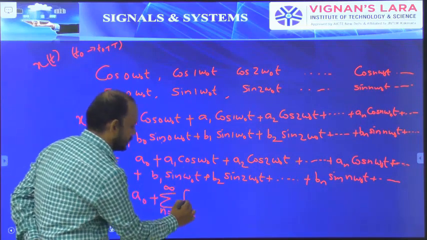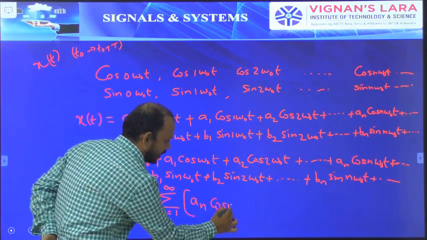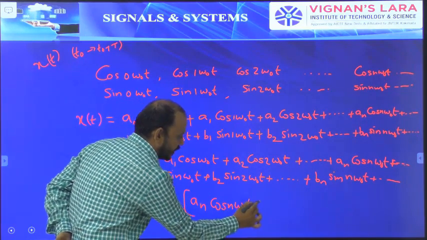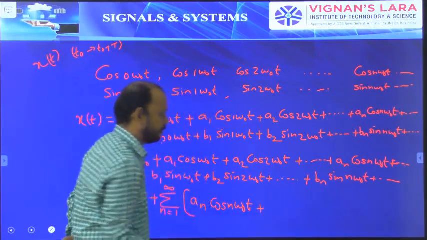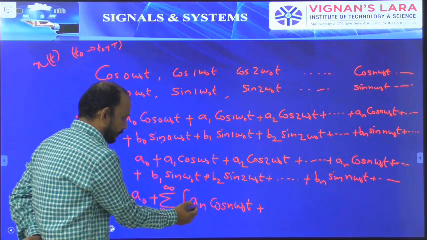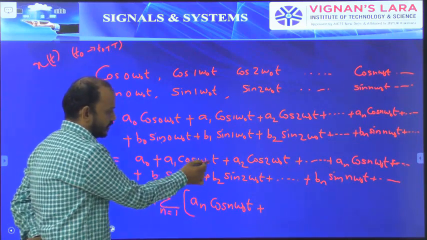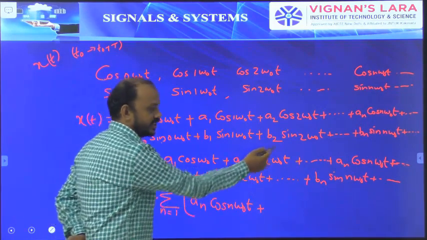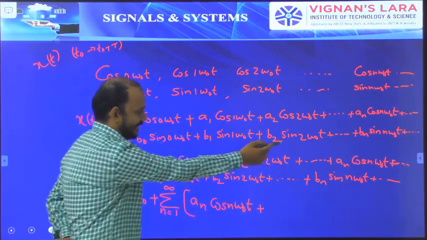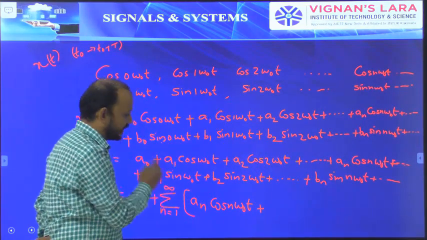So here the terms are an cos n omega naught t, plus bn sin n omega naught t. If you write an cos n omega naught t, what will you get? First n equal to 1, a1 cos 1 omega naught t, n equal to 2, a2 cos 2 omega naught t, n equal to 3, a3 cos 3 omega naught t, n equal to n, an cos n omega naught t, and then we will get up to infinity terms.